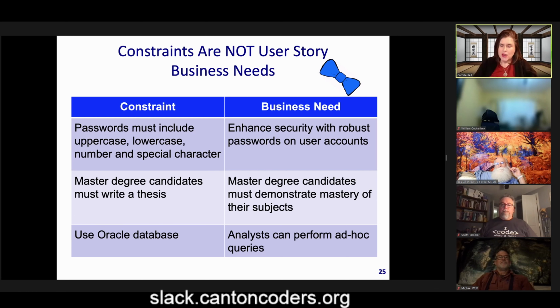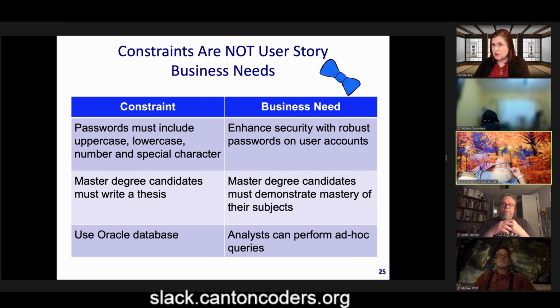a constraint would be what programming language you have to write in if that's already specified. Sometimes it's not. Sometimes you have flexibility. I detect here, tell me if I'm on the right track. Constraints are closed by nature.